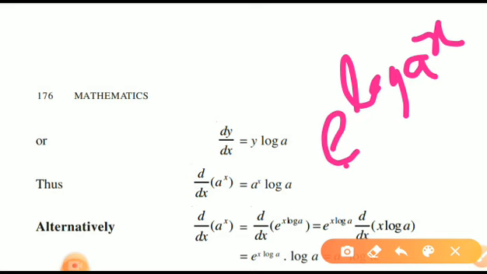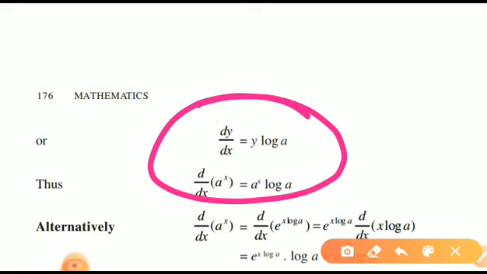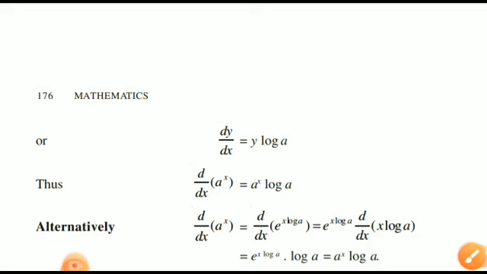So here we can write it as d by dx of e raised to x log a. The derivative of e raised to x log a is e raised to x log a, and again a composite function, so find the derivative of that and you will get the answer. But the easiest method that we have done is taking log on both sides.